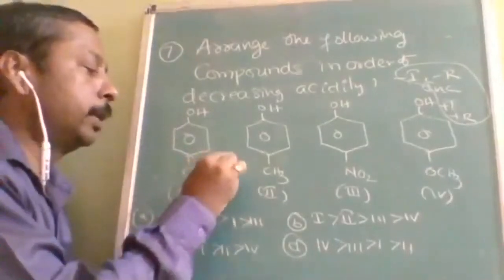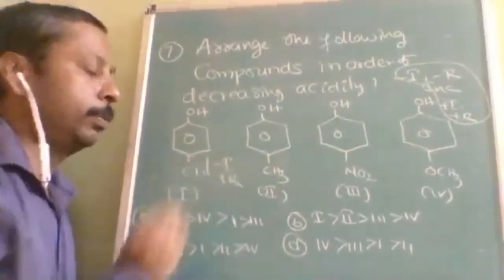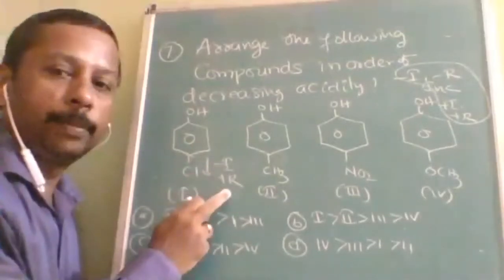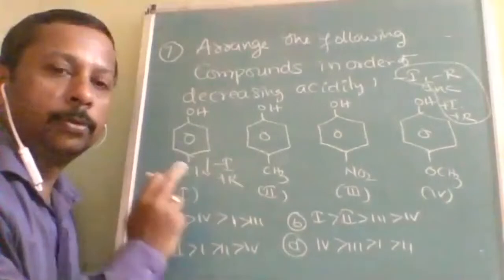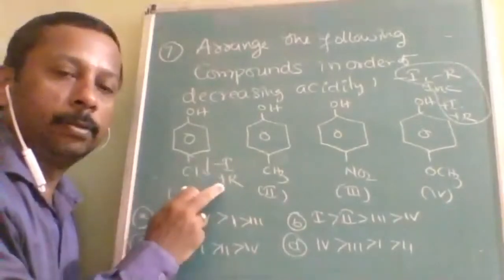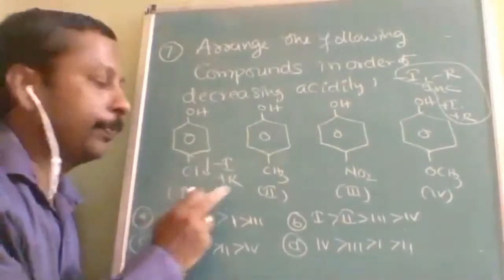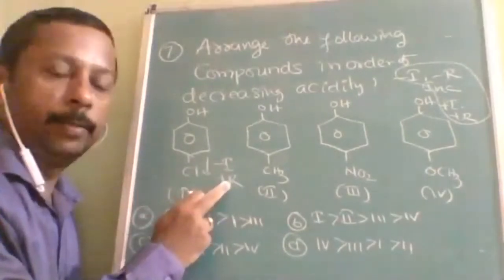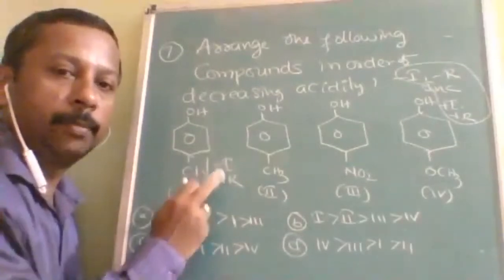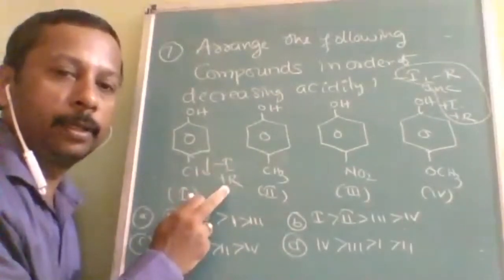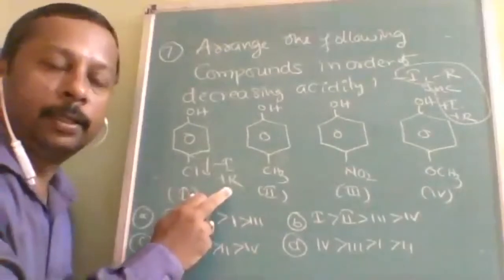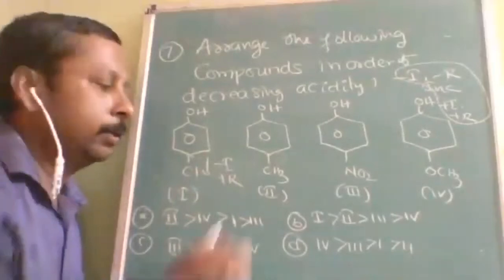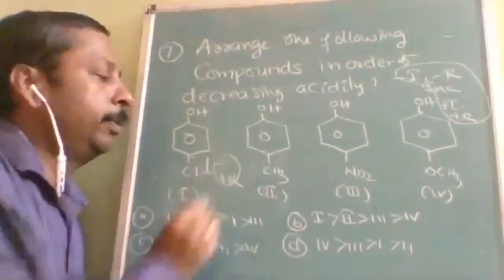Halogens are minus I groups but plus R groups. The main problem is that minus I dominates plus R. So they are deactivating because of minus I, but ortho-para directing because of plus R. So the net result is minus only.